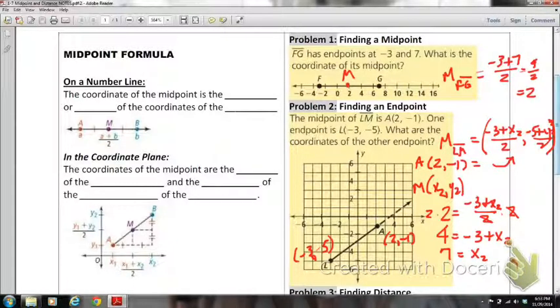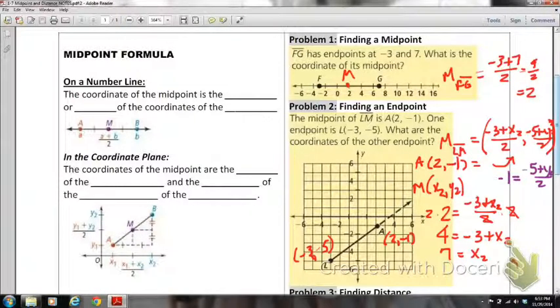So now you have to do the same thing with your y coordinate. Only your y coordinate, you're going to have -1 as the y coordinate of your midpoint. Let me change colors. So we have -1 is equal to the y coordinate of your midpoint, which is (-5 plus y sub 2) divided by 2.